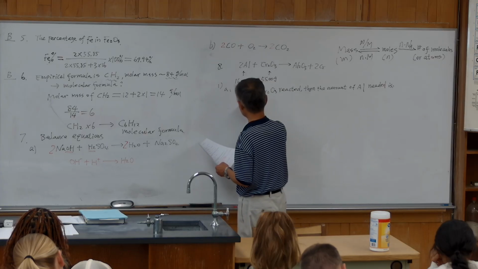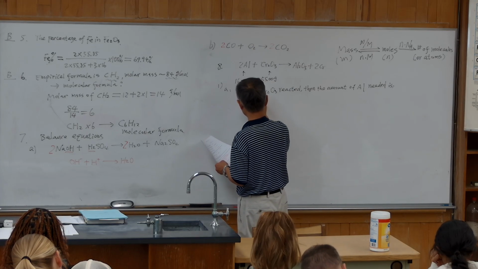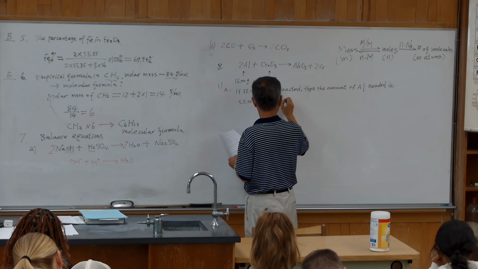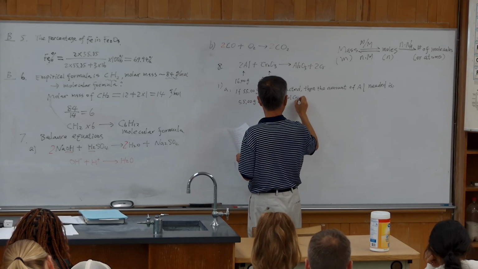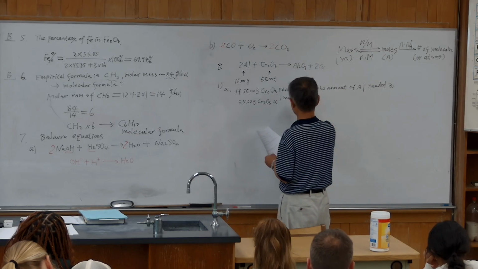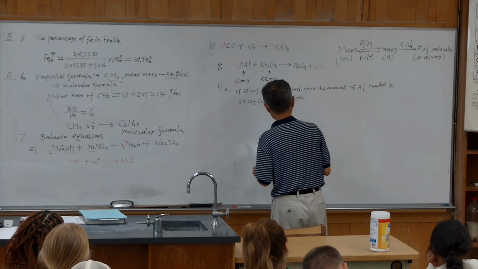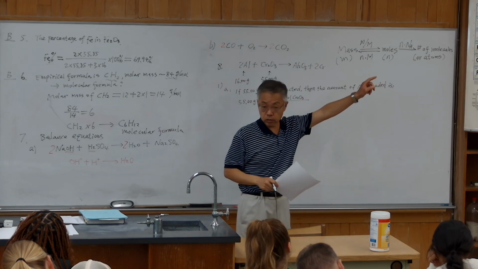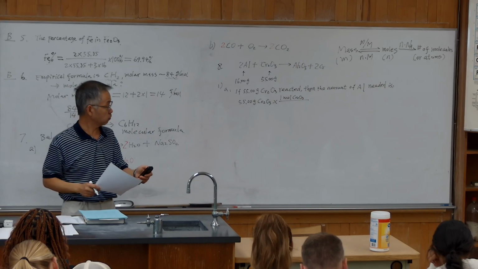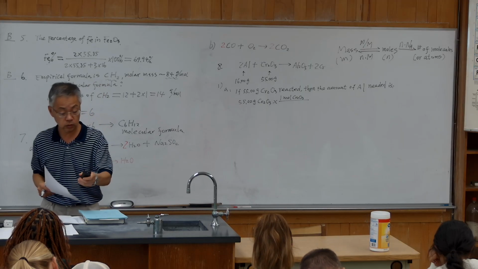So mass is always converted to moles first. Mass divided by molar mass, you get the moles. What is the molar mass? Use the periodic table. Okay, Cr molar mass is 52.